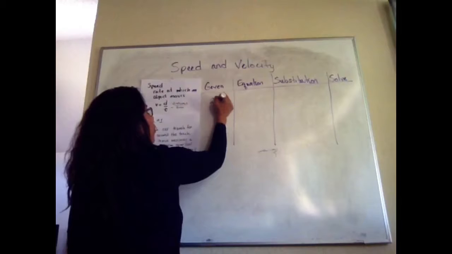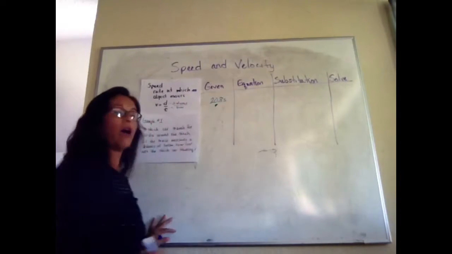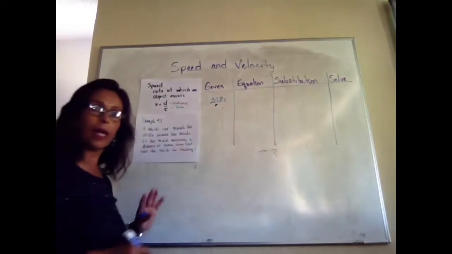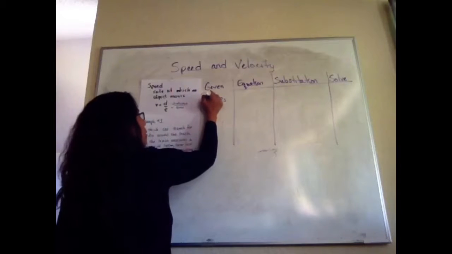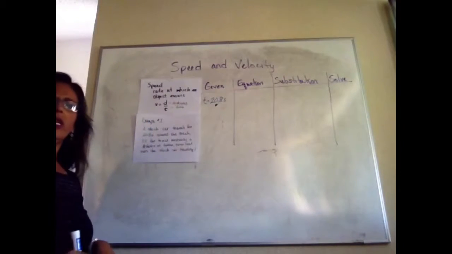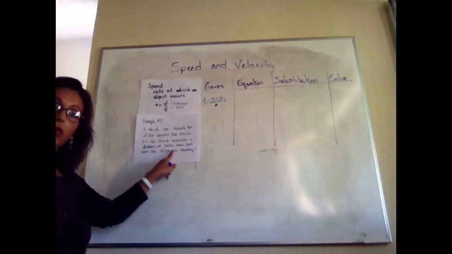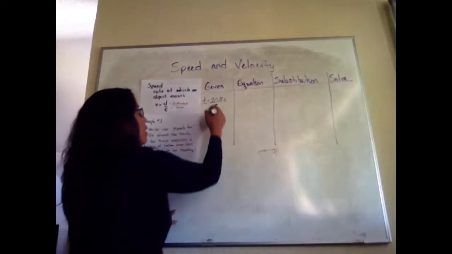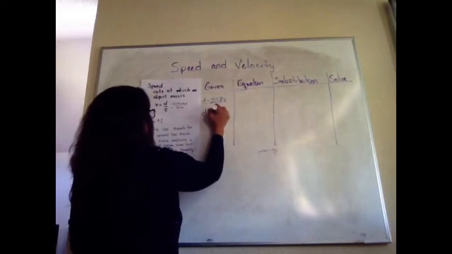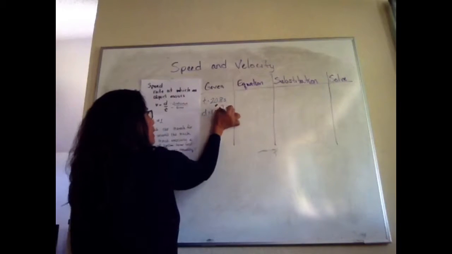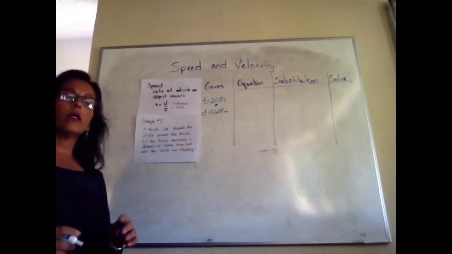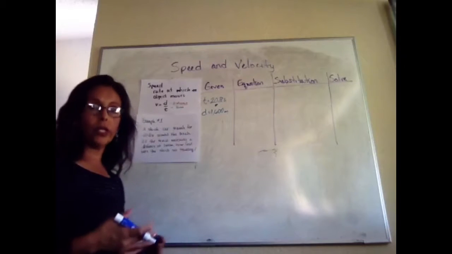Well, 20.8 seconds is a factor of time because seconds is what we measure time in. We're given another number, which is 1,600 meters, which is our distance. Distance is equal to 1,600 meters, meters being our standard international unit for distance.